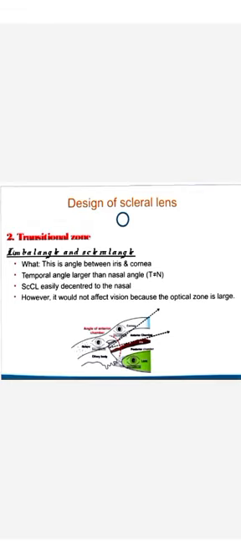Transitional zones: this is the angle between iris and cornea. The temporal angle is larger than the nasal angle. The corneoscleral profile easily descends to the nasal side. However, it does not affect the vision because the optical zone is large.